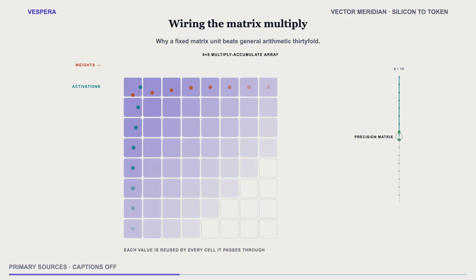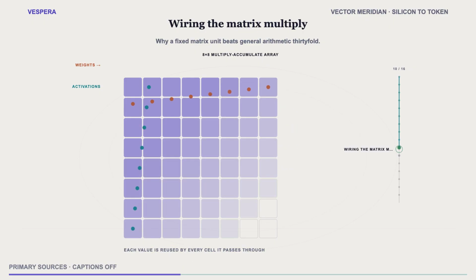Operands are reused by every cell they pass through, and nothing goes back to memory in between. The payoff is not subtle. On an H100, general-purpose FP32 arithmetic runs at 67 teraflops. The tensor cores on the same die run half-precision matrix operations at 1,979. Roughly 30 times more arithmetic from the same chip for one specific shape of computation.